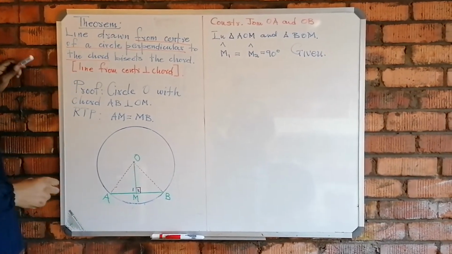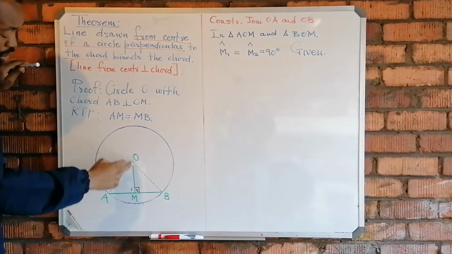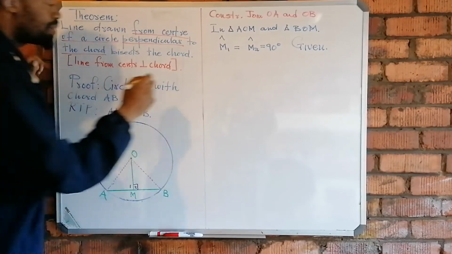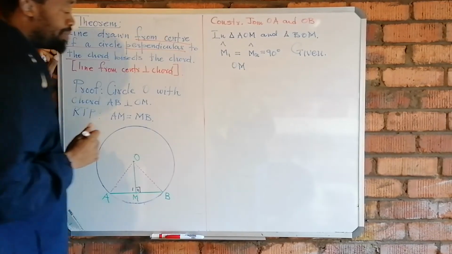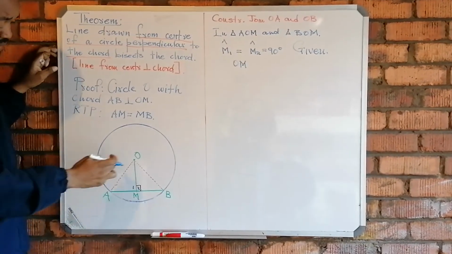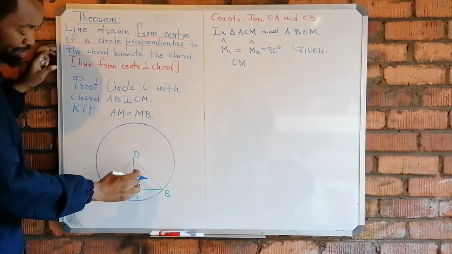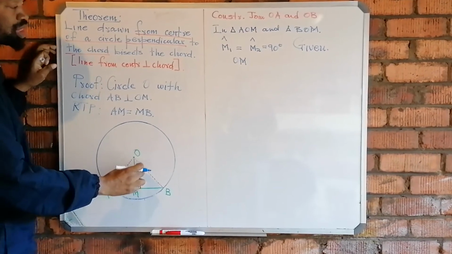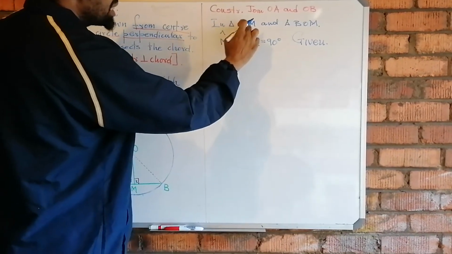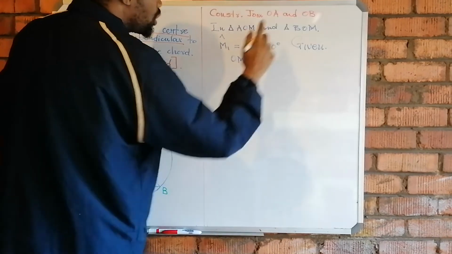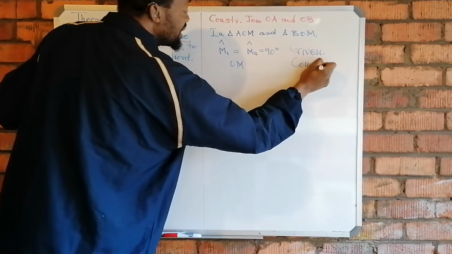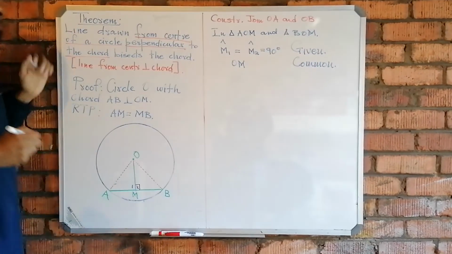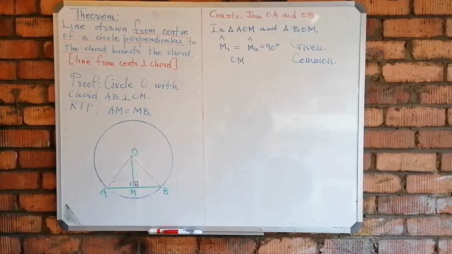Next, I am going to say OM is equal to OM. How do I know that? Line OM is common to both triangles. You can see there I've got OM, I've got OM. That is why I'm going to say this is a common side to both triangles.